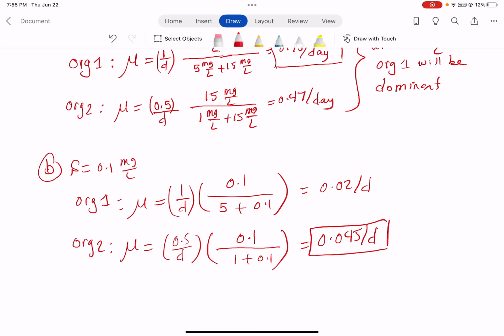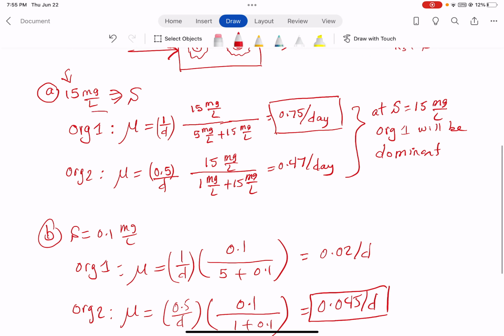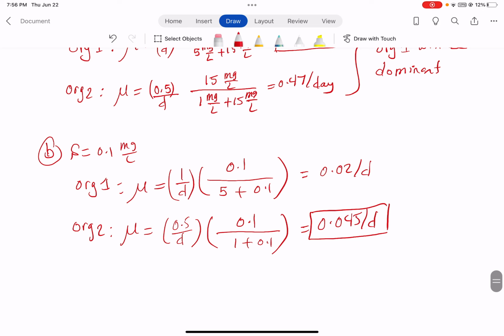So at high concentration of food, organism 1 will dominate over organism 2. At low concentration of food, so at substrate 0.1 milligram per liter, organism 2 will be dominant.